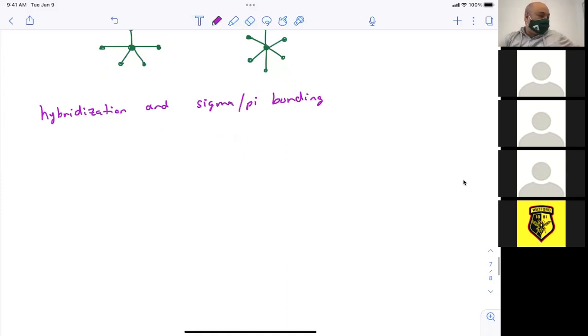What you need to understand, I want to make sure I have my exact definition here.